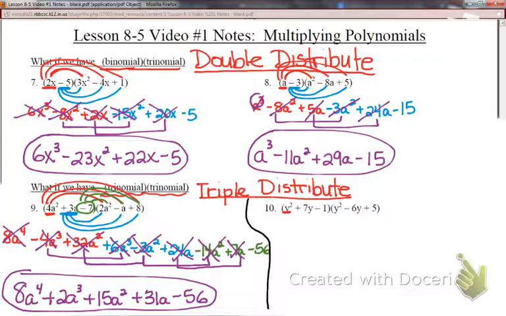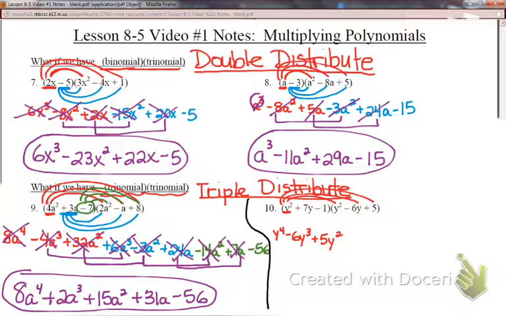So you have y squared times y squared. That's y to the fourth. Y squared times minus 6y is minus 6y to the third. Y squared times positive 5 is plus 5y squared.